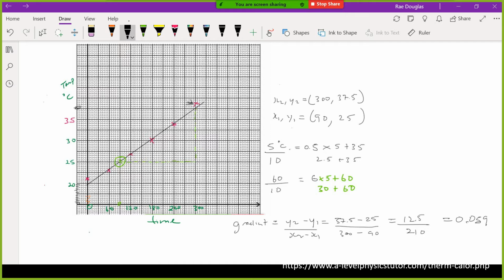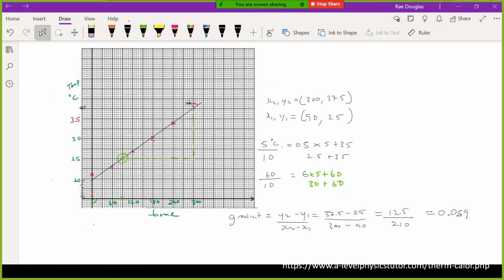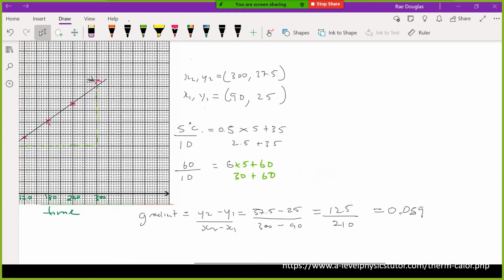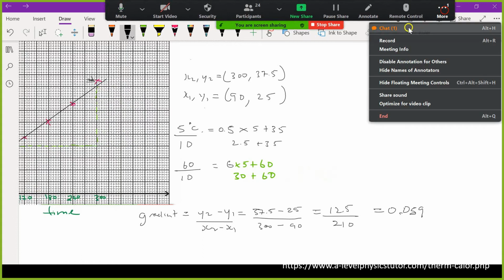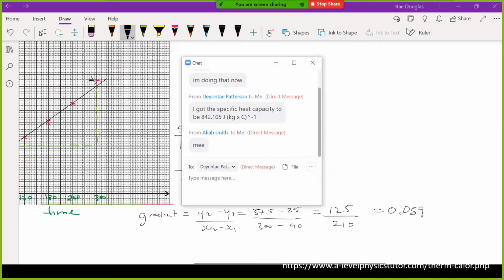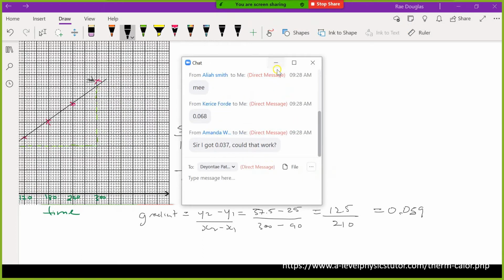Anybody got this? Somewhere there. Anybody got some value close to this? All right, wonderful. It all depends, Amanda. I'm not sure how the graph looks, right? It could be based on the points.